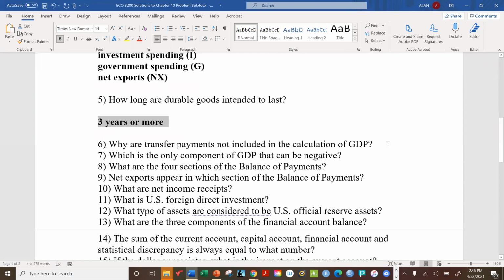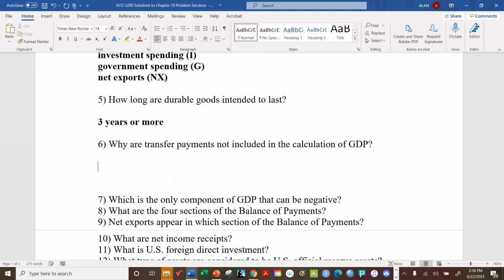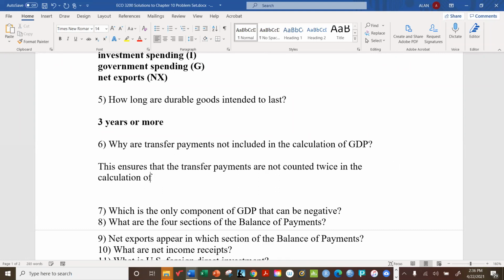Why are transfer payments not included in the calculation of GDP? This ensures that the transfer payments are not counted twice in the calculation of GDP.